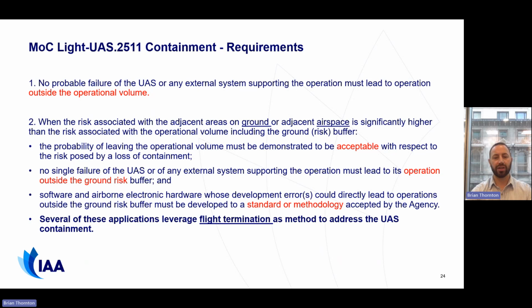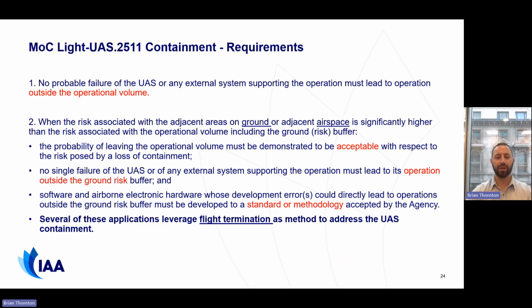When the risk associated with adjacent areas on the ground or the adjacent airspace is significantly higher than the risk associated within the operational volume, including the air risk buffer, enhanced containment applies. So if the risk is greater on the ground or in the airspace outside the operational volume, how can we keep our UAS within our operational volume?